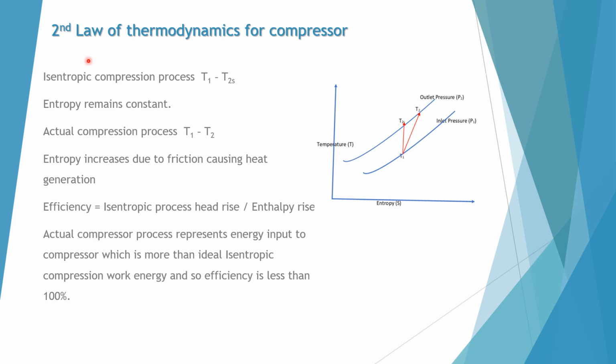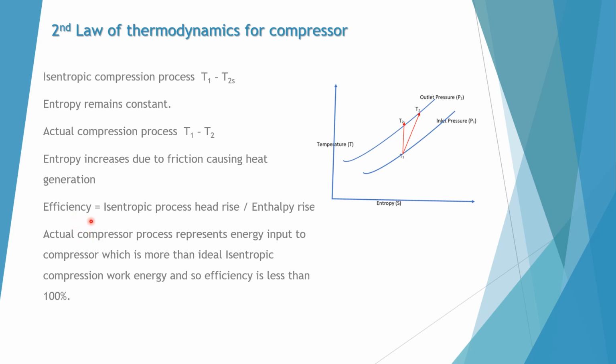Second law of thermodynamics for compressor. This is a TS diagram, temperature-entropy diagram. This is P1, P2, inlet pressure, outlet pressure. So isentropic compression process T1, T2S is an isentropic process where entropy is constant. In the actual process T1, T2, entropy increases due to friction.